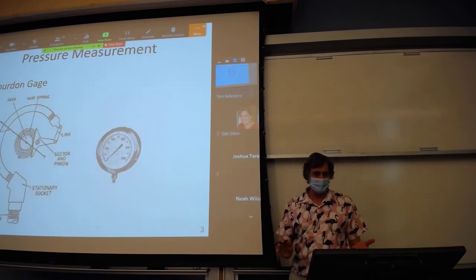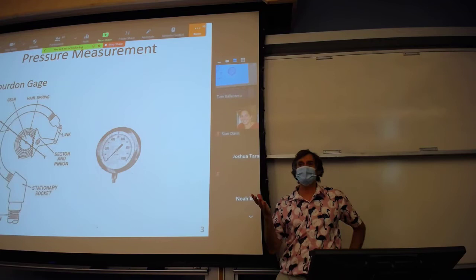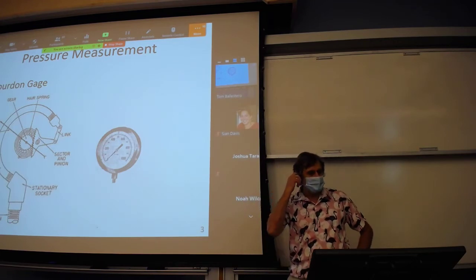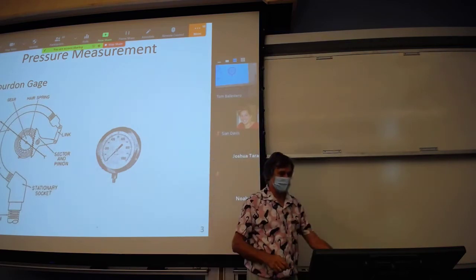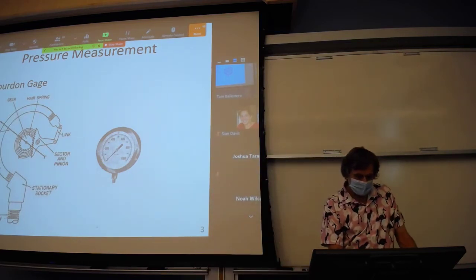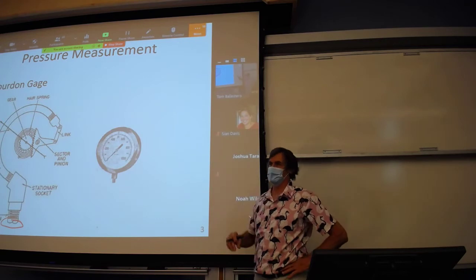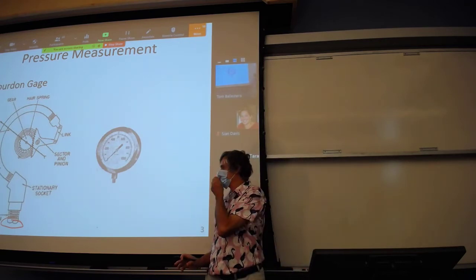So I just wanted to quickly go over some of the gauges. You'll see some of these in the fluids lab. So here's what's known as a Bourdon gauge. It looks like a question mark. I'll draw on this. And basically, this is what you hook up to the pipe or whatever you want to measure the pressure on.